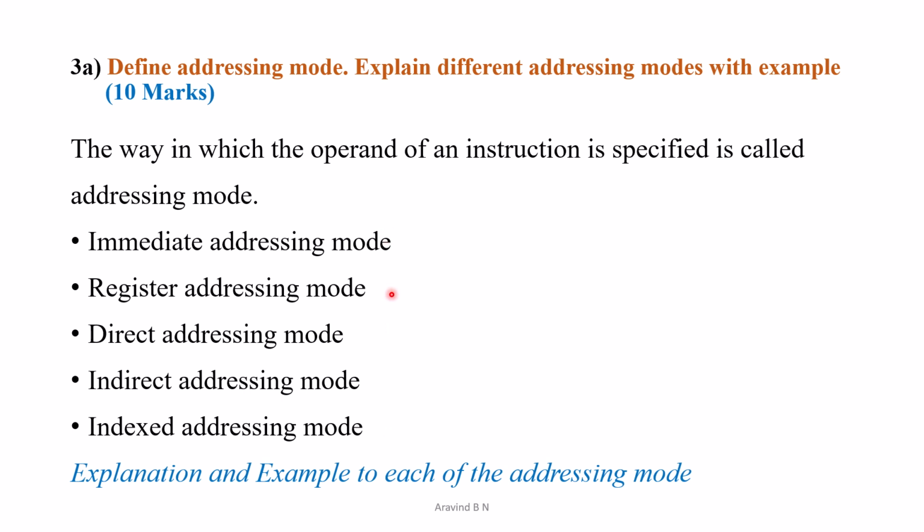Then one by one, write at least 2 to 3 sentences about each of the addressing modes, and never forget to mention an example for that. Without an example, it is not possible to have a complete explanation of that addressing mode. Therefore, during the explanation of these addressing modes, never forget to mention an example.